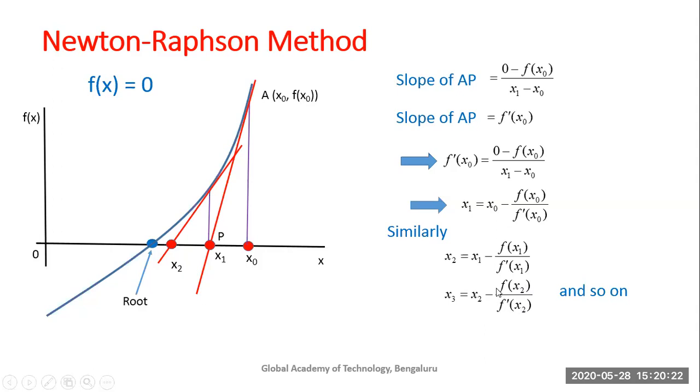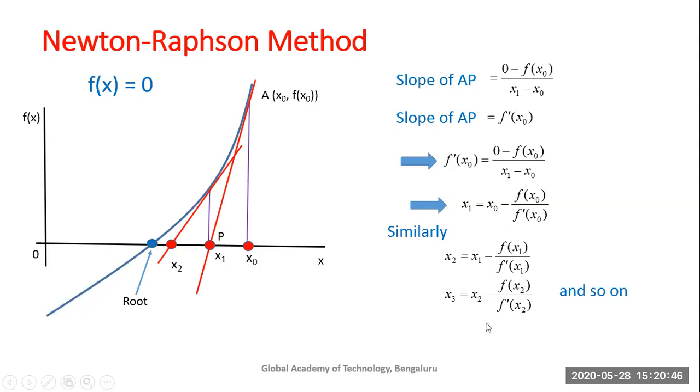So repeat this method, and you get x2, x3, x4, and so on. From x0 to x1, x1 to x2, you are moving towards the required root. After a few steps, you get the actual root.